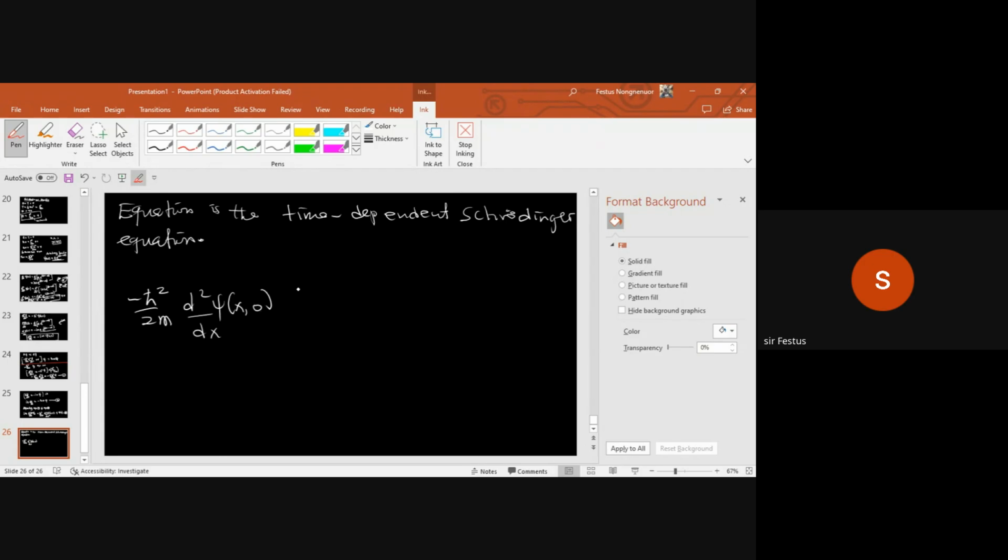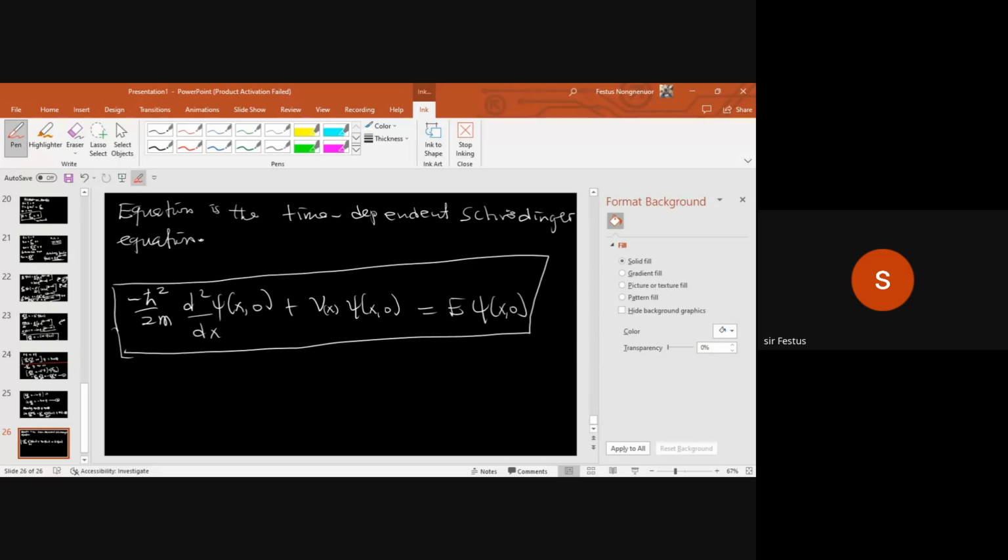So plus V of x, then psi of x of t 0 equals E psi of x of 0. And this is the time independent Schrödinger equation.